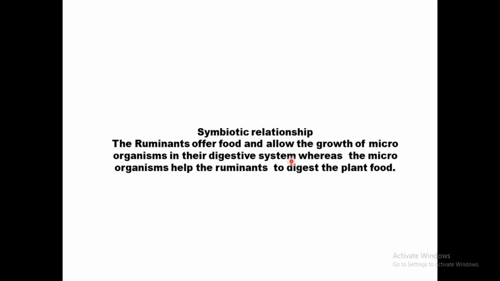The microorganisms are mainly responsible for the digestion of the plant material in the ruminant's body, whereas the microorganisms help the ruminants to digest the plant food. So it's a very beautiful symbiotic relationship between the ruminants and the microorganisms.